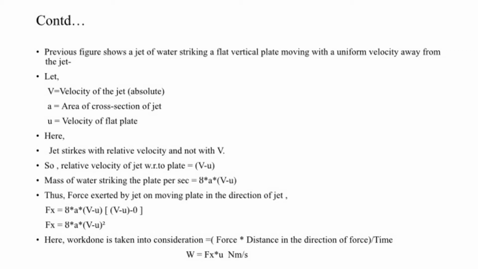So W is equal to rho into area into bracket V minus u bracket square into u. What is the unit of force? Newton, and distance is in meter, time is in second, so the unit is Newton meter per second.